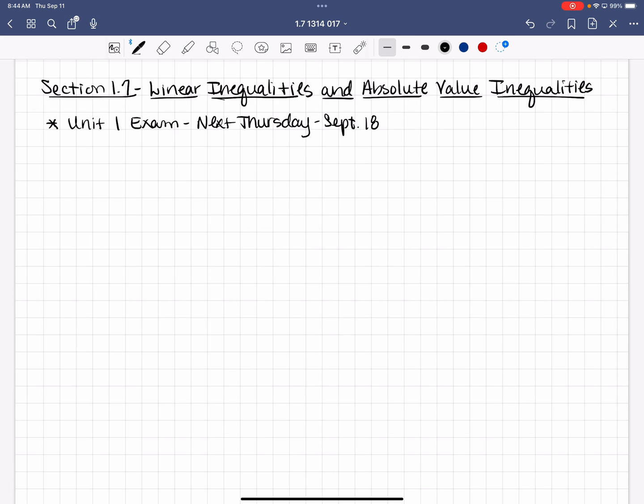So again, tested on the whole of chapter 1? Yes. It will cover, do we start in 1-4? Yeah, with complex numbers. 1-4, 1-5, 1-6, and 1-7 is what it will cover. There is a Unit 1 review posted.